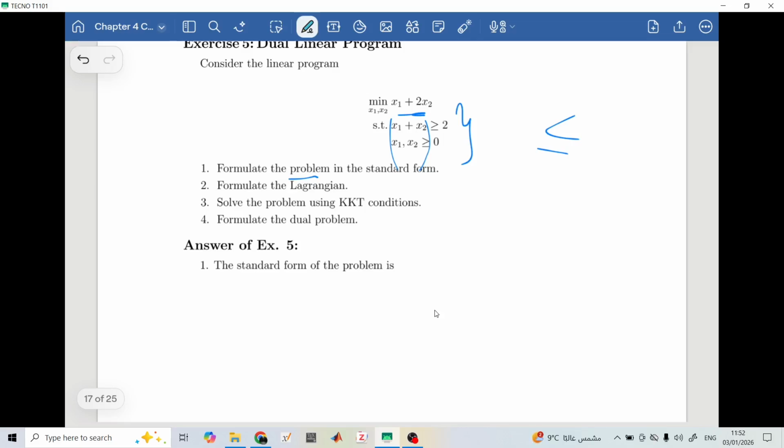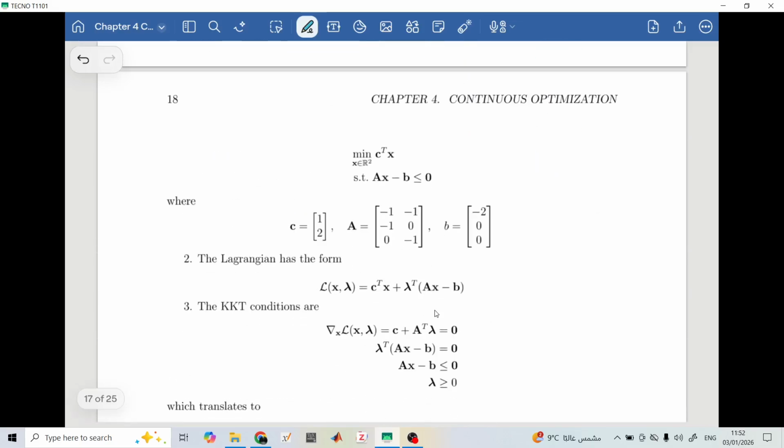We can put them in matrix format. Then we formulate the Lagrangian, find the solution using the KKT conditions, and as an extra task, find the dual problem, just for the sake of exercise. So we put it in this standard form.